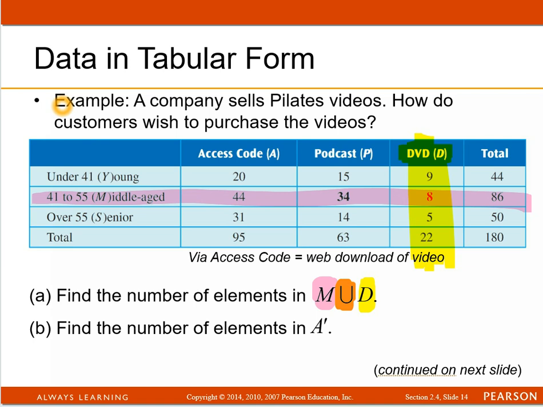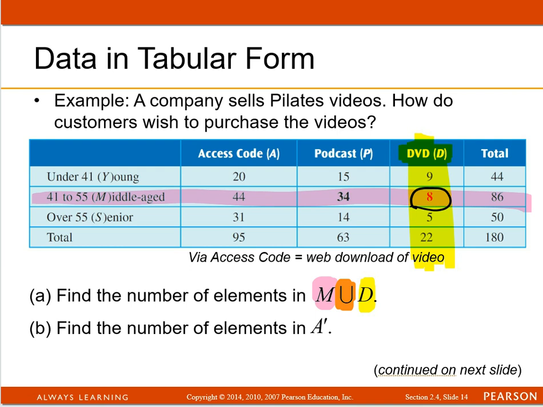8 is the intersection. So remember we did, when was it? You would take the cardinal number of one of your sets and add it to the cardinal number of the other set to get the total, the cardinal number of the union, except if there is an overlap, which is what is happening here, you have to subtract it out.